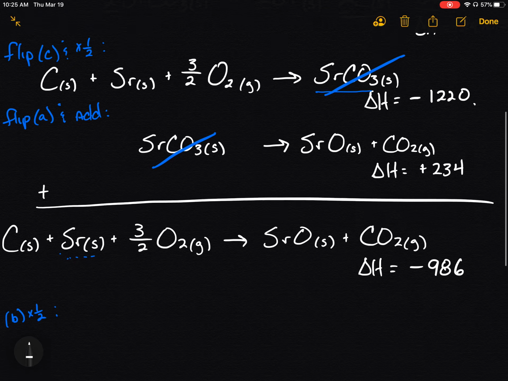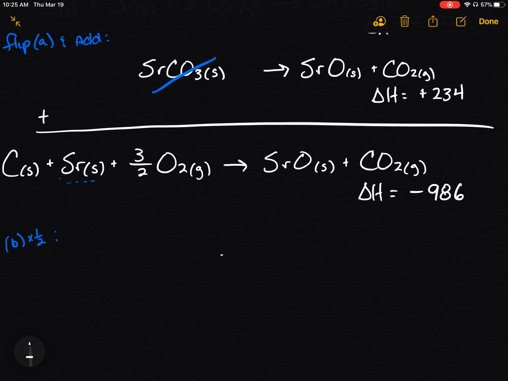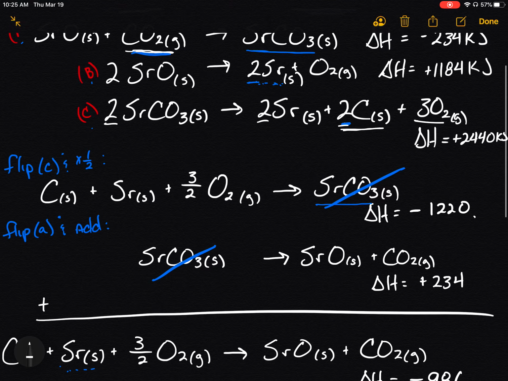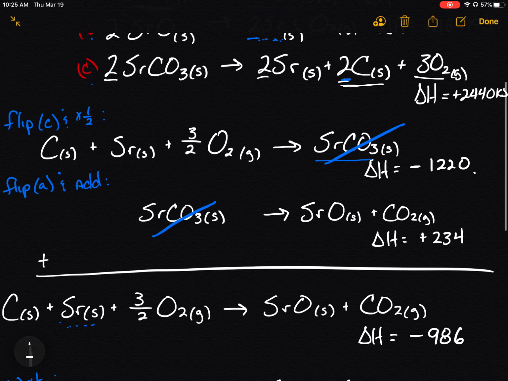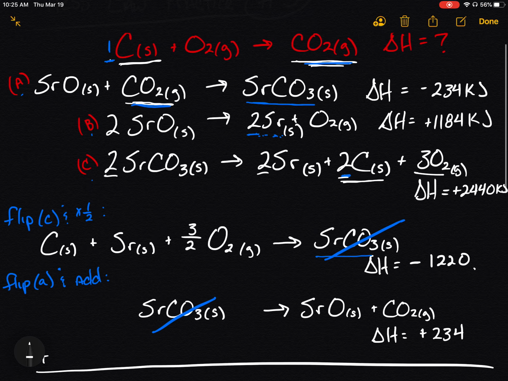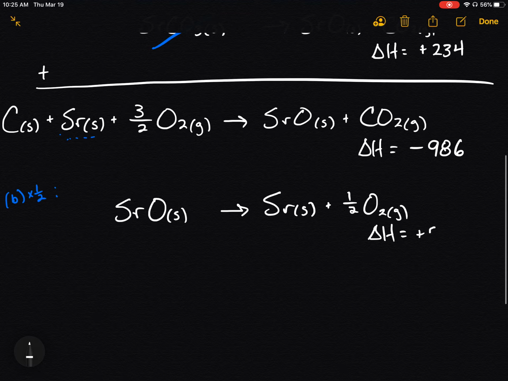I'll have to kind of scroll back and forth here to see. So it's going to be SrO, okay, and then just Sr, and then 1/2 O2, and then the delta H here is 1,184 divided by 2, which is positive 592.